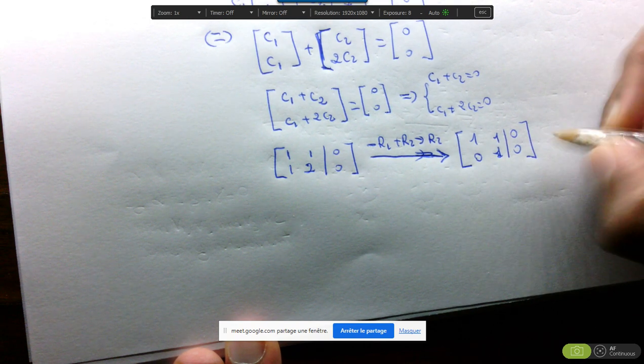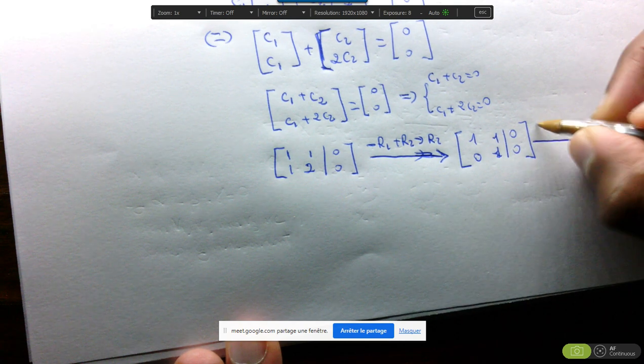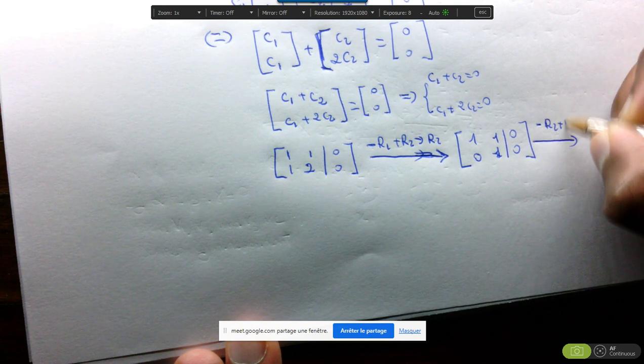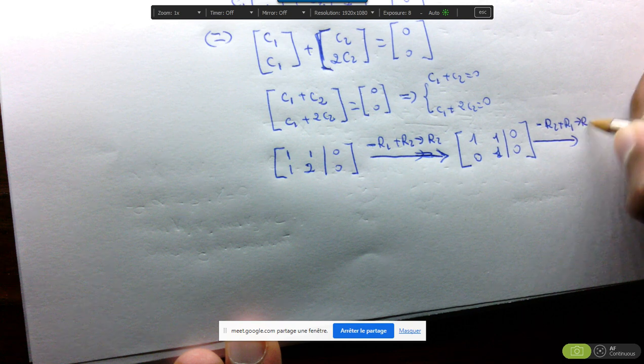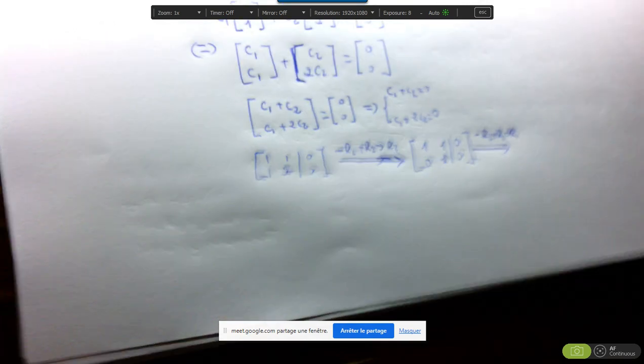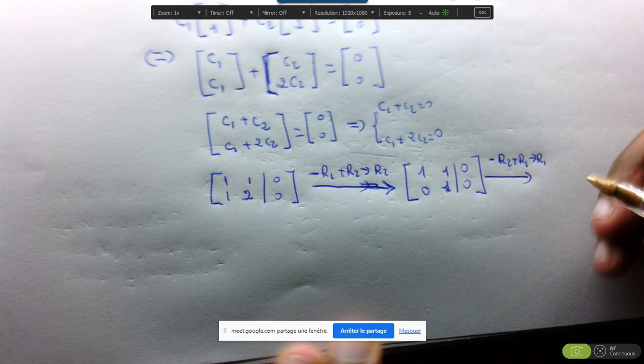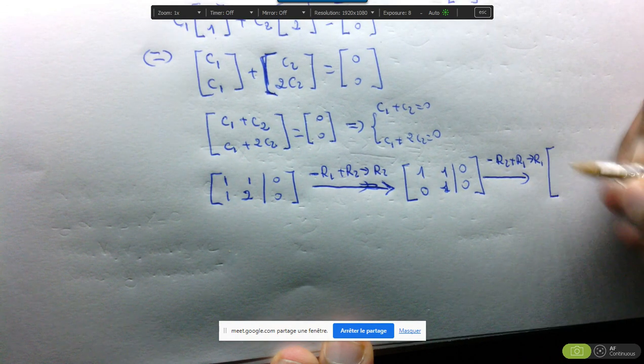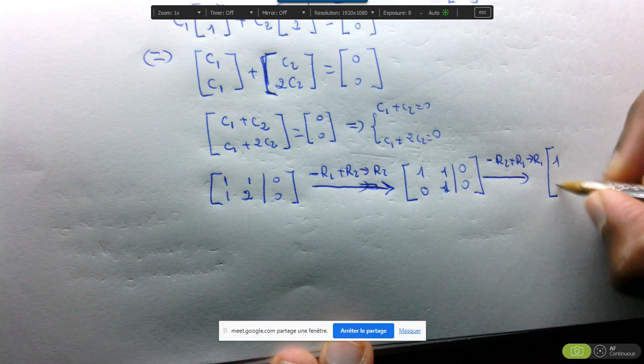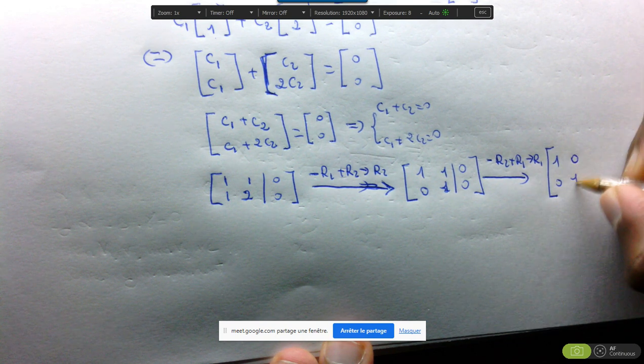I continue: negative row 2 plus row 1 to obtain a new row 1, and I have 1, 0, 0, 1, 0, 0.